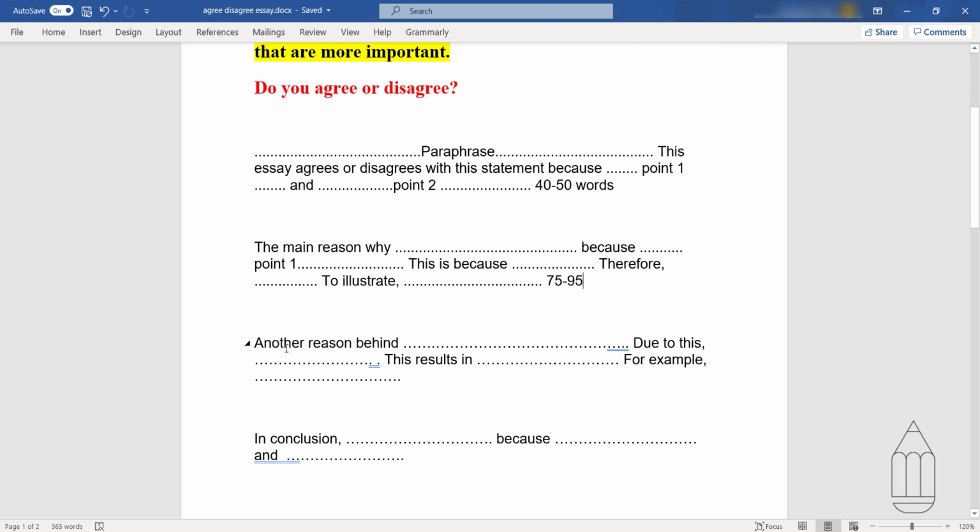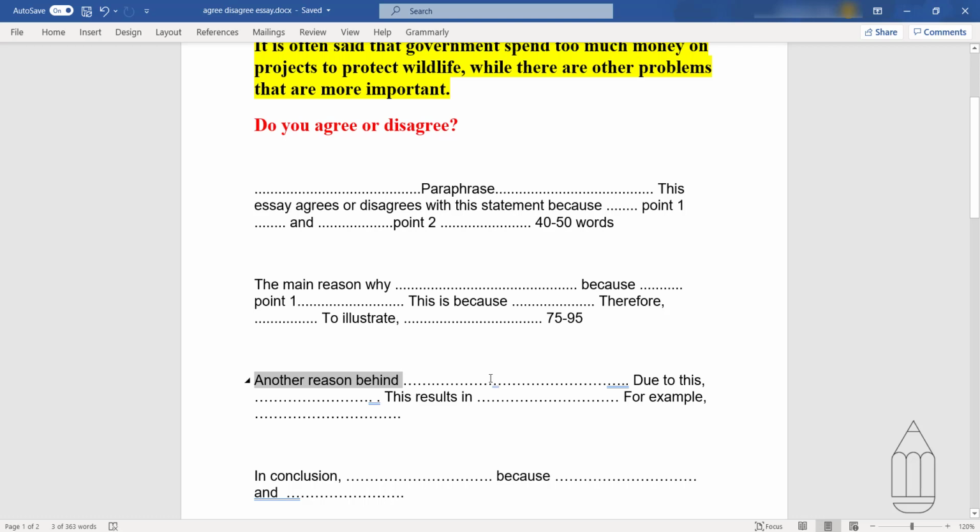Similarly for body paragraph 2, we are going to start with the very first line: another reason behind why you agree or disagree with this statement, then what is going to happen due to this point, and then the result of this happening.